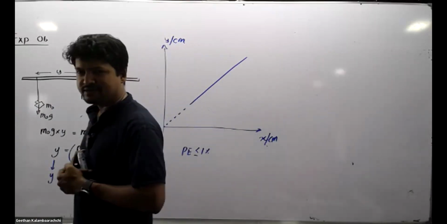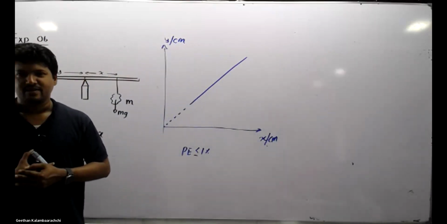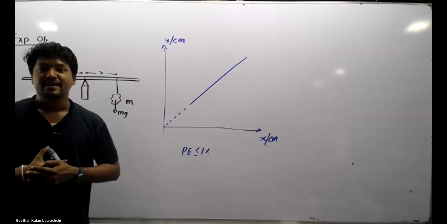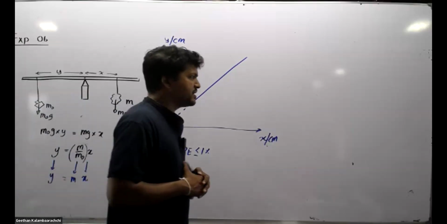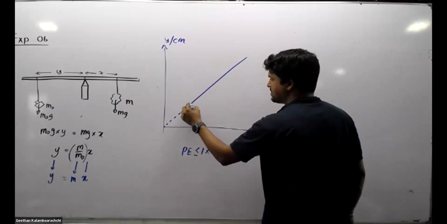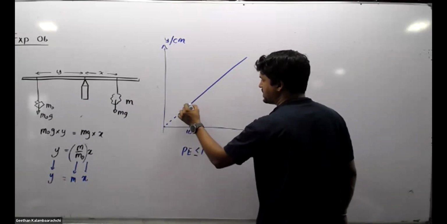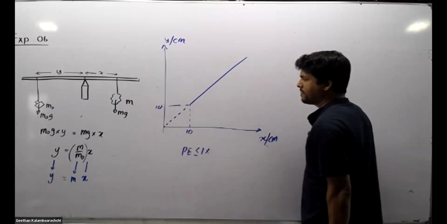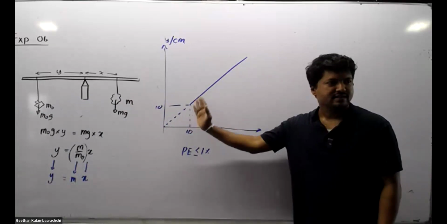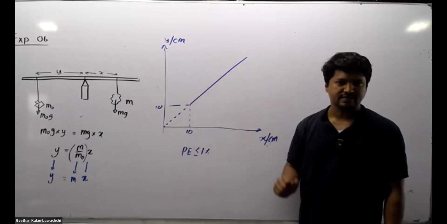Can you take 1 centimeter, 2 centimeters? No. The answer is 10 centimeters: you take the least count and multiply by 100. So we should take readings of 10 centimeters or more. Anything below that is not accurate enough, so that's why we draw them in dotted lines.